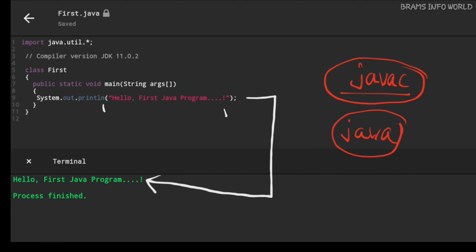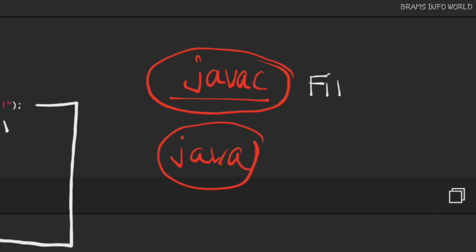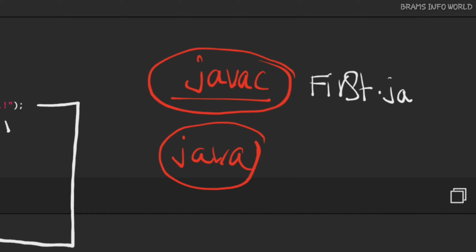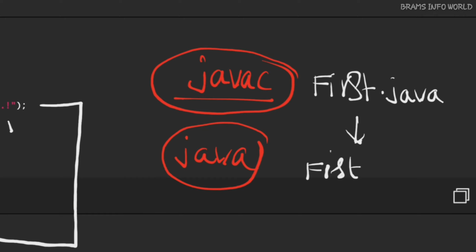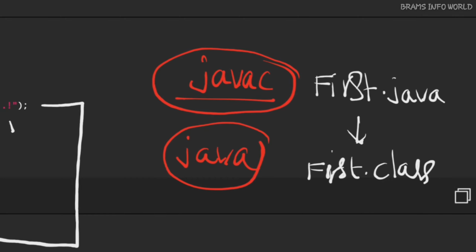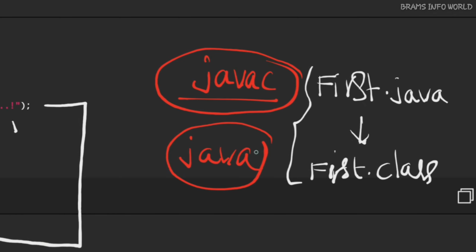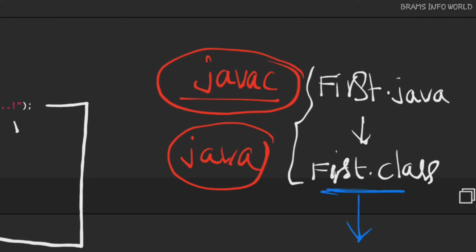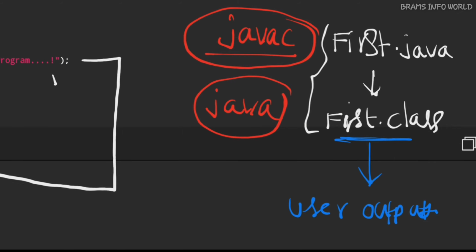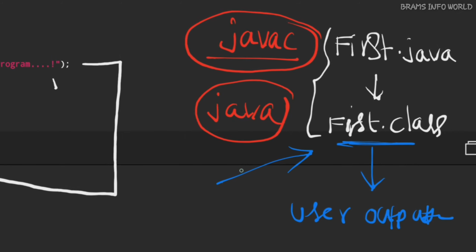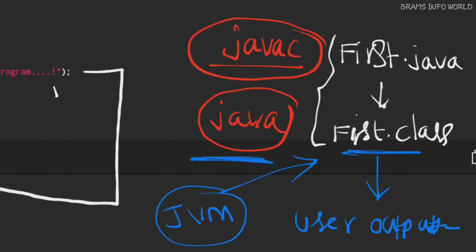First.java file is converted into first.class file. After that, this first.class file is again converted into user output format. The JVM takes this file, and it is executed by the java command.